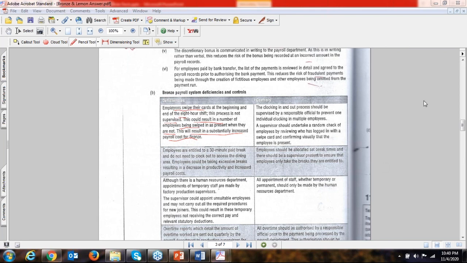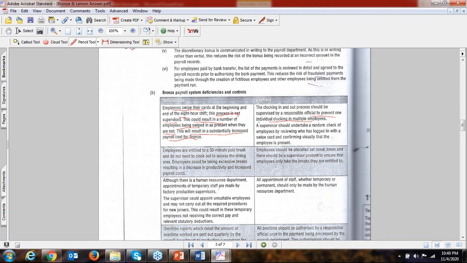So, what would be the recommendation for this? Simple. This is the deficiency. Now do it vice versa. Do the opposite action. Think the other way around. The process should be supervised, but you need to mention it in a proper way. The clocking in and out process should be supervised by a responsible official to prevent one individual clocking in multiple employees.